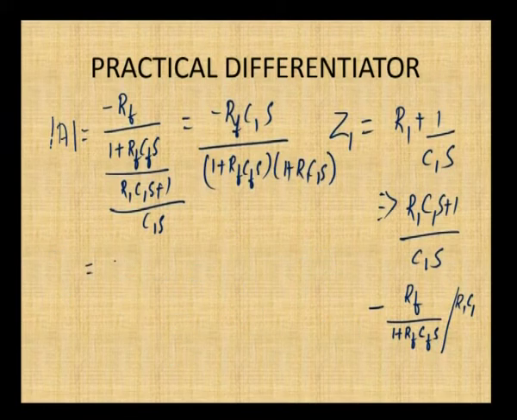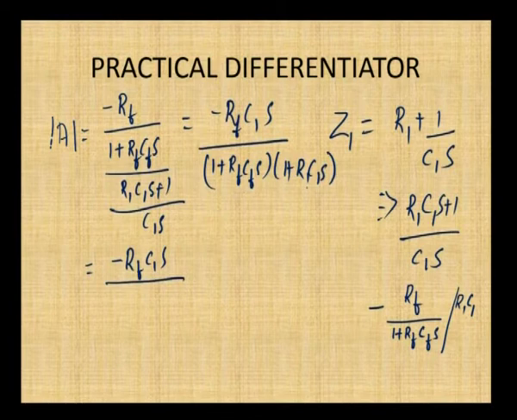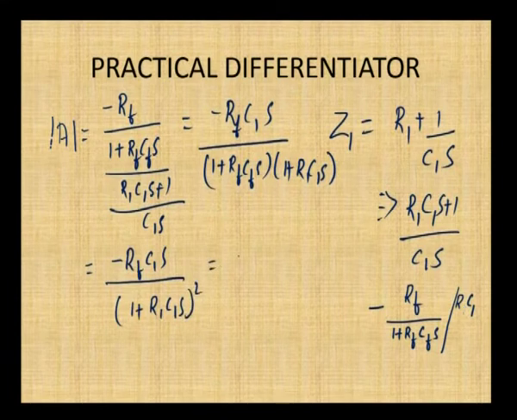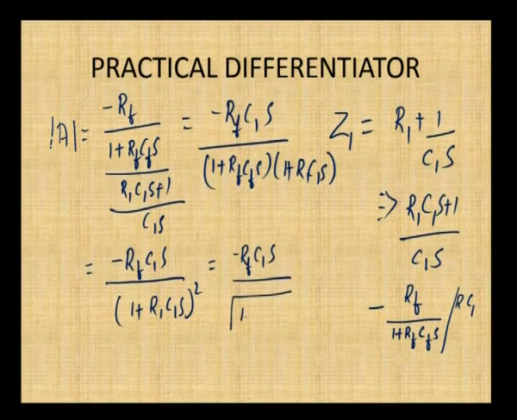So, this can be written as minus RF C1s by, if this product of RF CF is equal to R1 C1, you will be getting 1 plus R1 C1s the whole square, and can be written as minus RF C1s by root of 1 plus R1 C1s the whole square if you take mod.